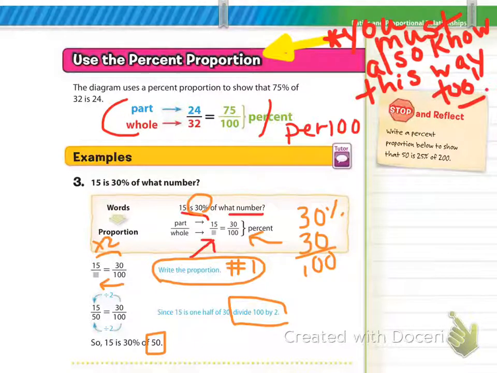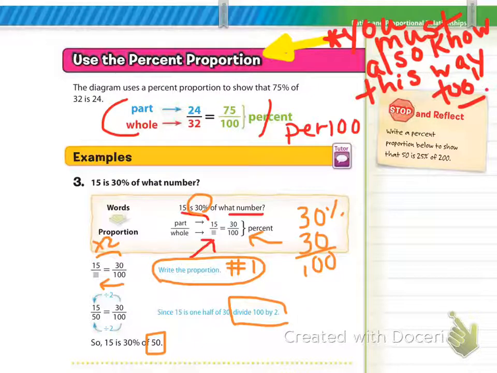Okay, so if you look in the step underneath the boxed in information where I wrote number 1, that's your first step. You set it up, and then you have to realize what's the relationship between the 2 that you have on the top or the 2 that you have on the bottom. In this case, you have the 2 on the top, and you have to figure out how to go from 15 to 30, or you can move backwards from 30 to 15.